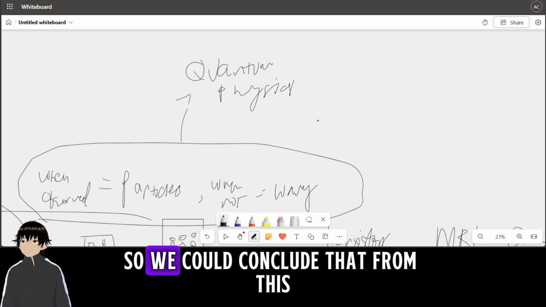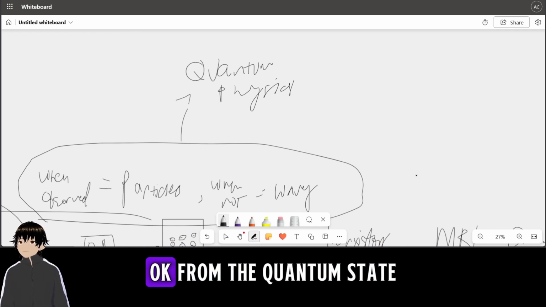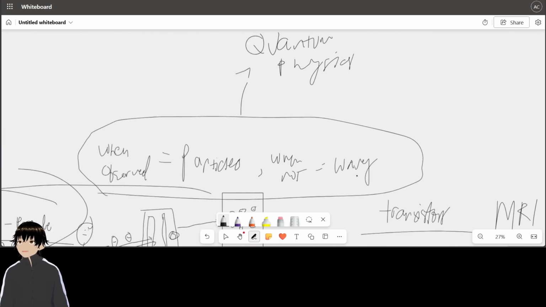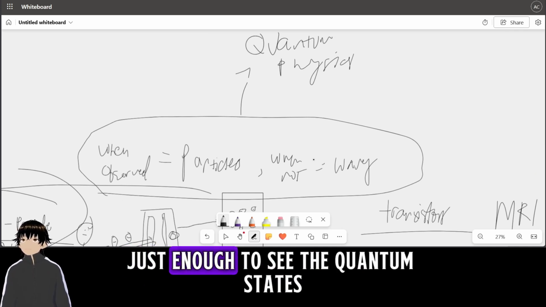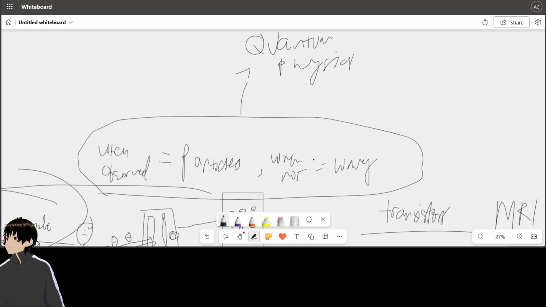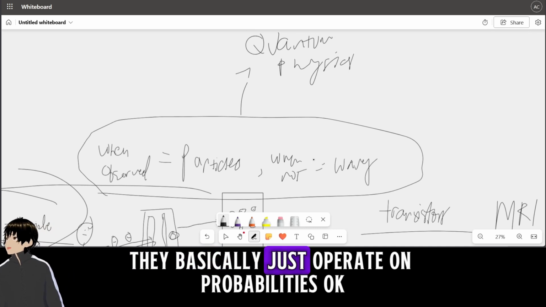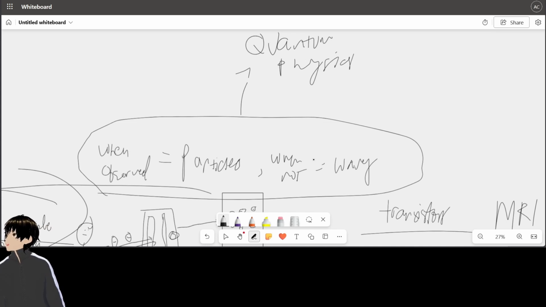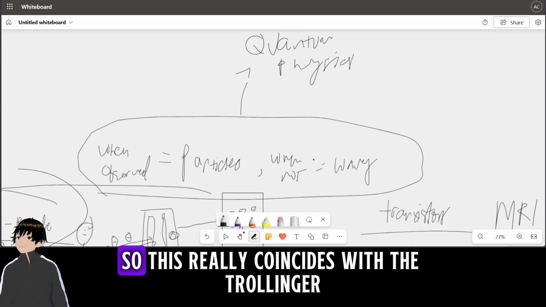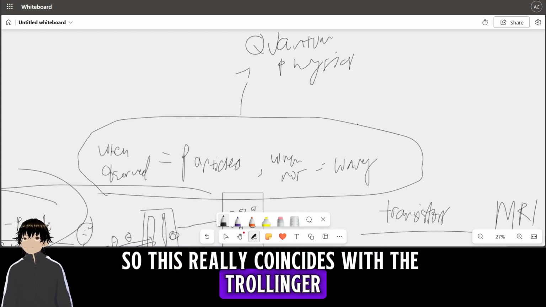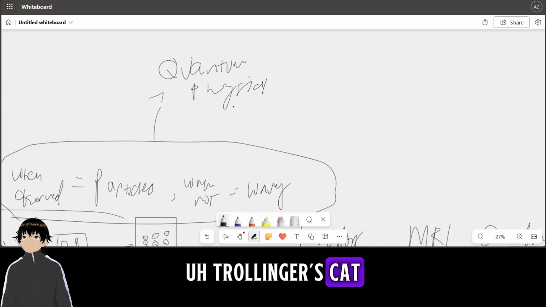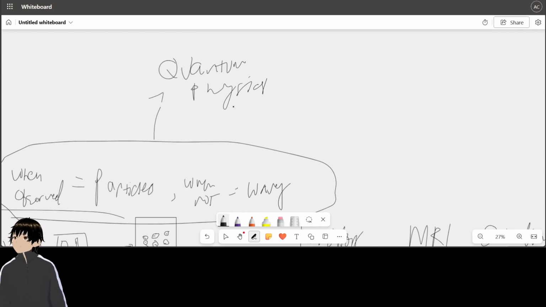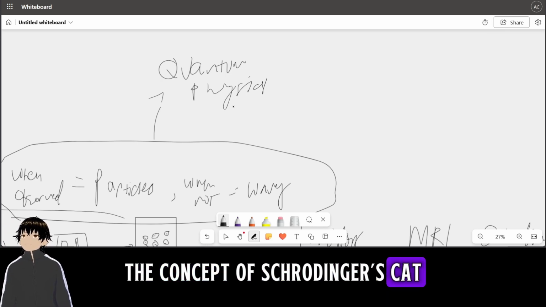So we could conclude that from the quantum state, if we zoom in just enough to see the quantum states, they basically just operate on probabilities. This really coincides with the concept of Schrodinger's cat.